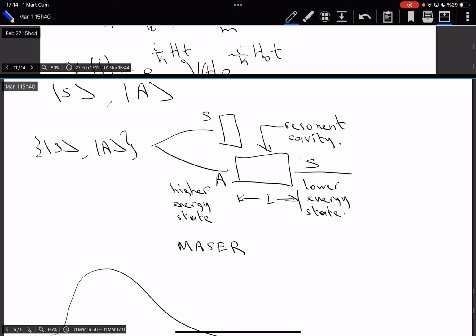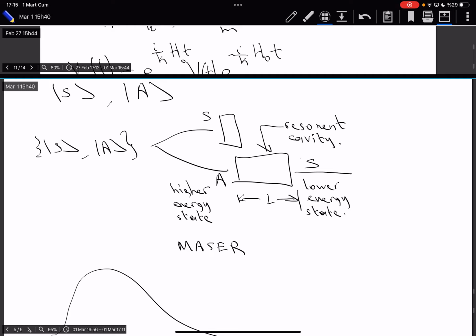And of course, you have to make sure that that is one of the modes of your resonant cavity. So when one of them goes down, you have the resonant external field that forces all of them to lose energy in that cavity before they leave. And you just make sure that the size is such that at the moment they leave, all of them have lost their energy.